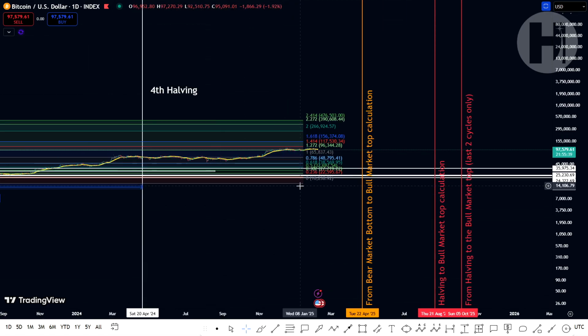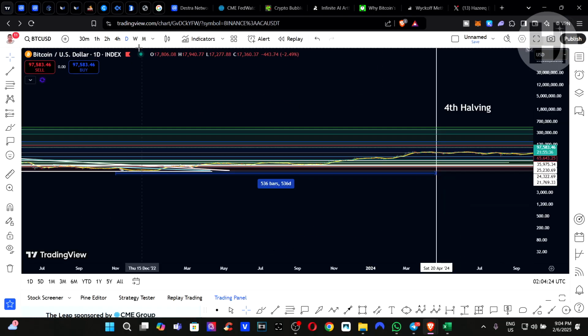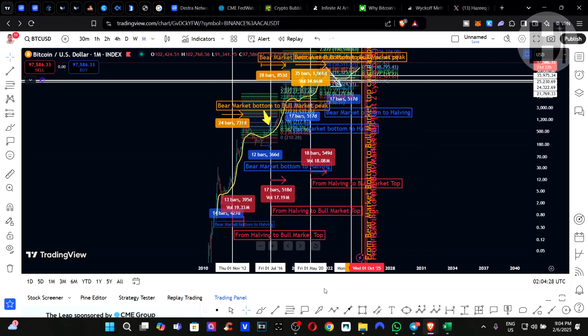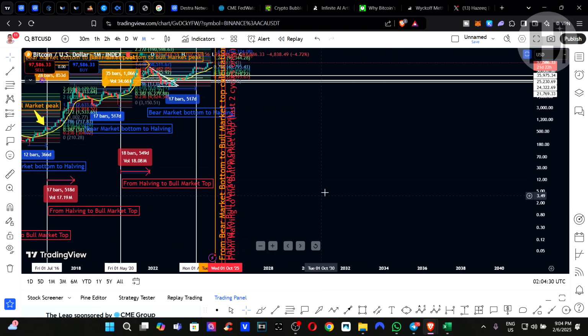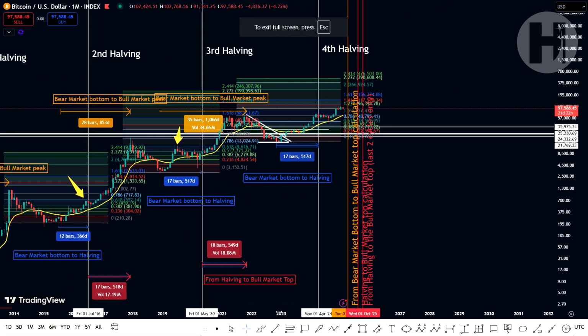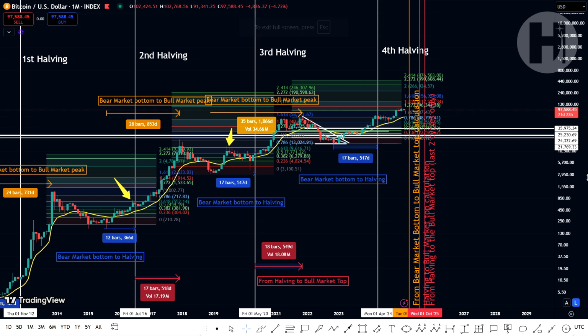Now let's do the exact same thing, only for the distance between the bear market and the bull market top. So let's only calculate using the past 2 cycles. So what we're going to get is 853 plus 1066, and then divide that by 2, you get 959 days.